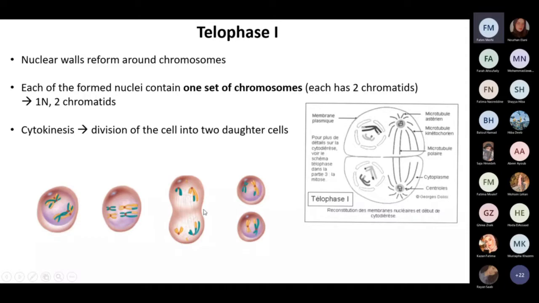And we will have a cytokinesis, which will allow the division of the parent cell into two daughter cells. And we will have two different cells, two daughter cells, each one having one set of chromosomes. So they will have 23 chromosomes instead of 46. So we will have two haploid daughter cells, each one having two chromatids.